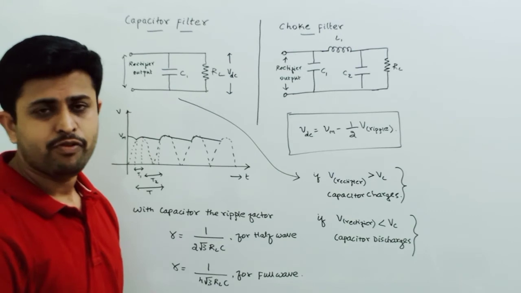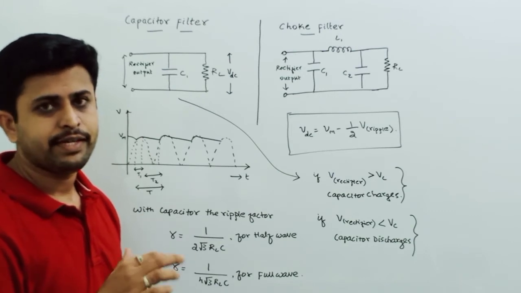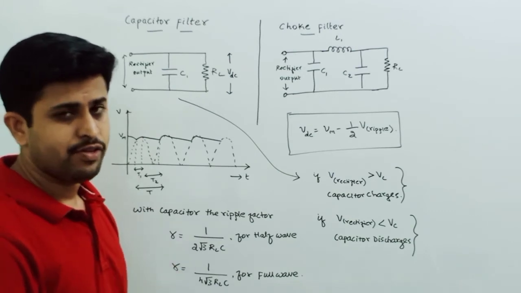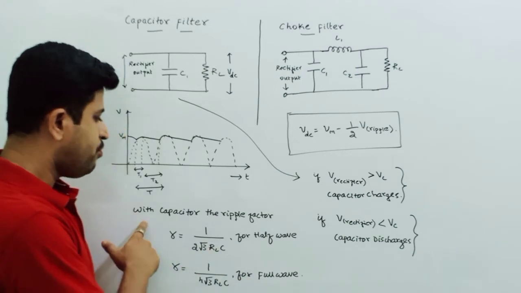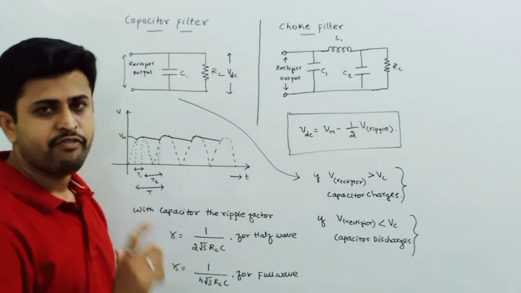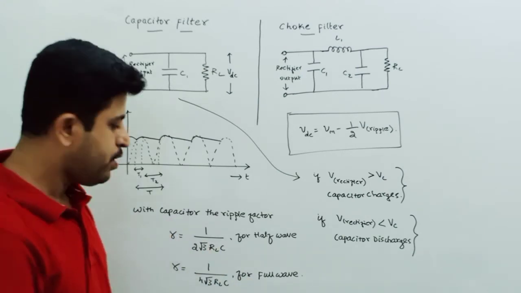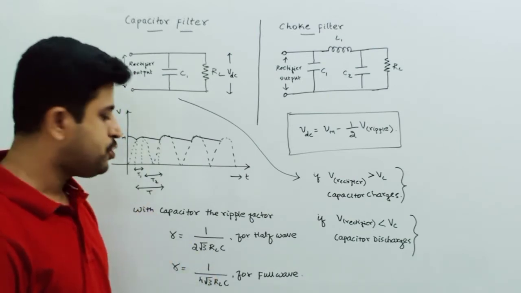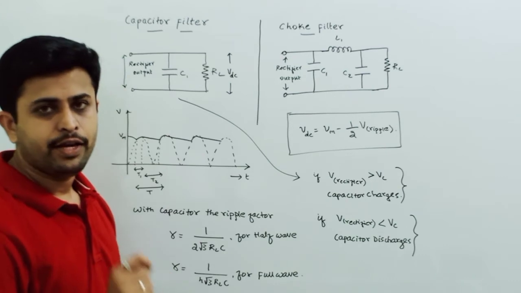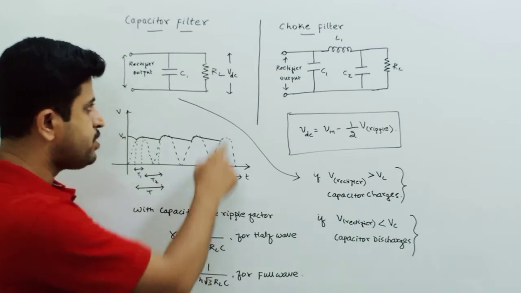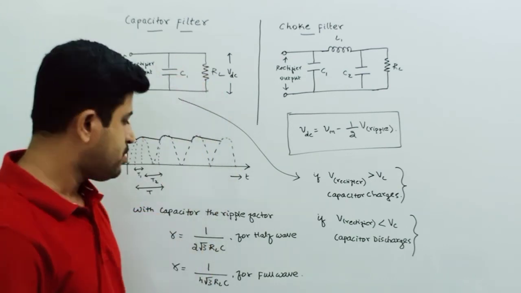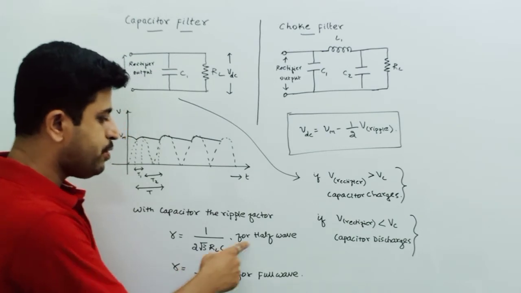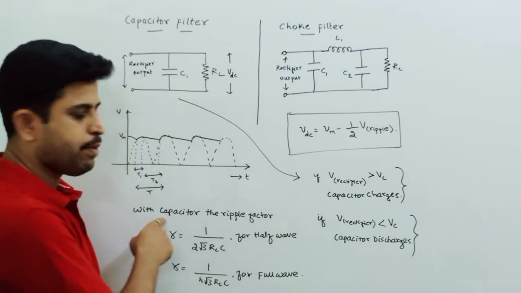Therefore the formula for the ripple factor gets modified: the ripple factor can be calculated with this formula, r equals 1 by 2 root 3 RL C, where RL is our load resistance. This formula can be used for a half wave rectifier with a capacitor filter.